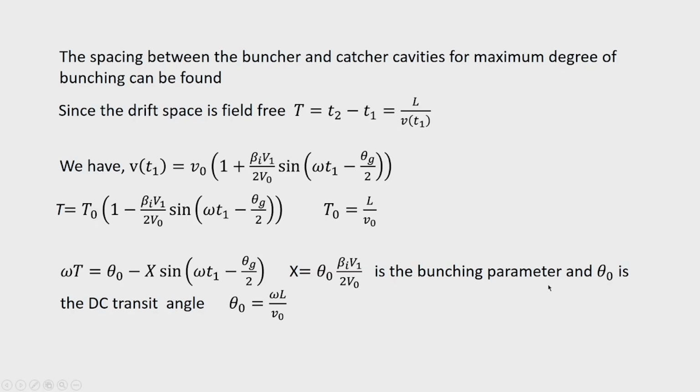This is the DC transit angle, and then we have theta naught into beta I V1 by 2 V naught, which we represent by x, and this x is the bunching parameter of the Klystron.